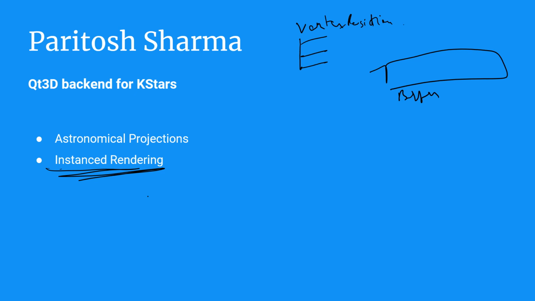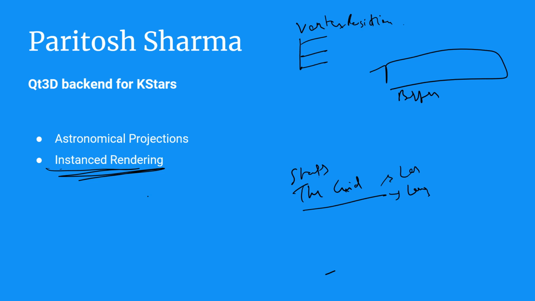Instance rendering was utilized throughout KStars, most importantly to draw stars and the grid. This can include the grid lines, which are similar to latitude or longitude for planetarium softwares.